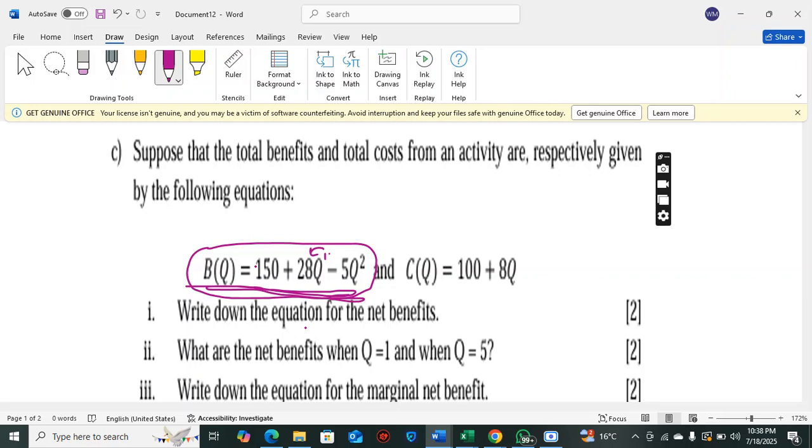Mr. Twalumba, have you tried to differentiate? Okay, okay.